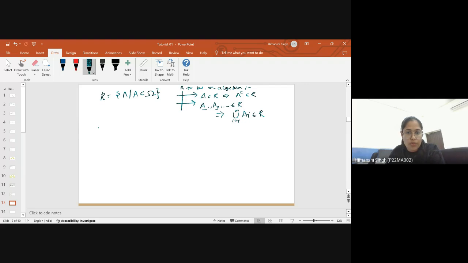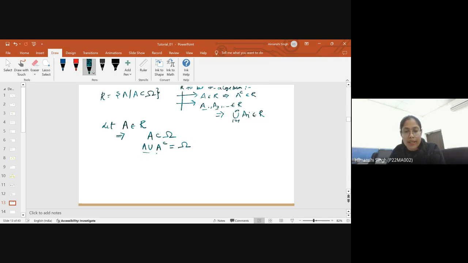So, in order to prove these two conditions, let's first consider the first one. Let A belong to R. If A belongs to R, what does it mean? It means that A is a subset of omega. Now, A is a subset of omega, and we also know that A union A complement is equal to omega. For any event, if I take the union of that event with its complement, this is nothing but the whole set.